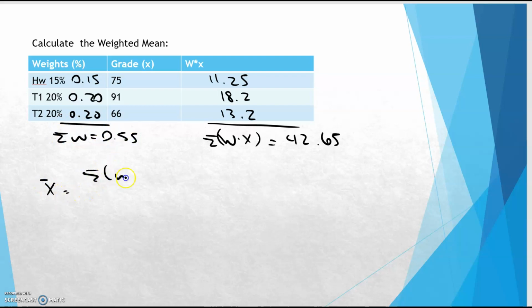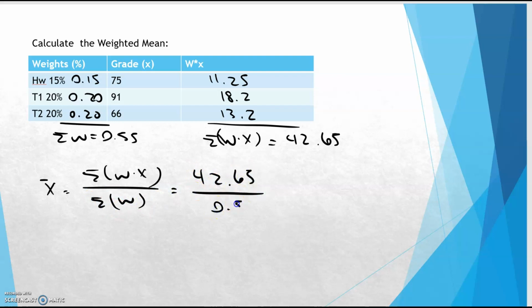And then divide these two numbers, so you get 42.65 divided by 0.55, which would give you 77.54. Okay, so that would be your grade about midway through the semester.